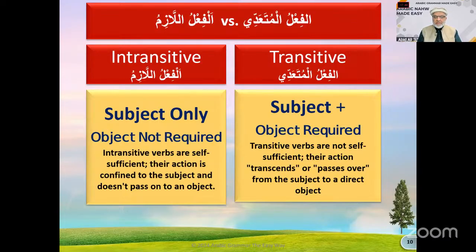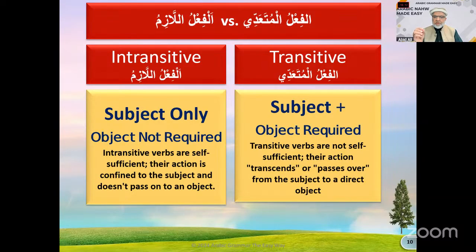Intransitive verbs are self-sufficient; their action is confined to the subject and does not pass on to an object. I think this is the simplest I could do. Quick show of hands that you understand the meaning of this. Okay, now let's try to understand this with the help of an exercise.